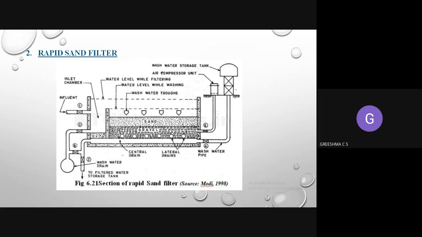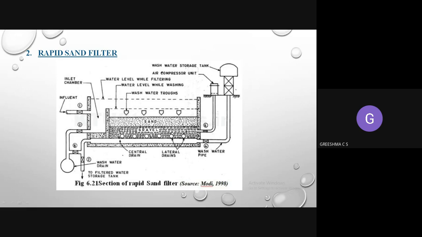So this is the structure of a rapid sand filter. This is the inlet chamber, through which water will be coming. From this inlet chamber the water will drain towards the filter media. In the filter media, the top portion will be sand and the bottom portion will be gravel.